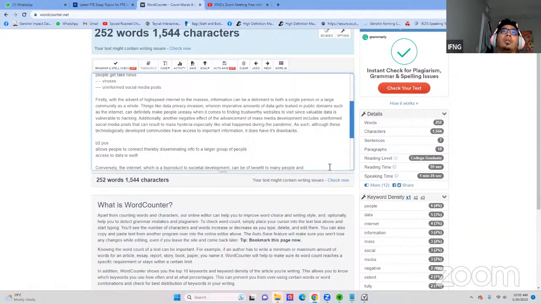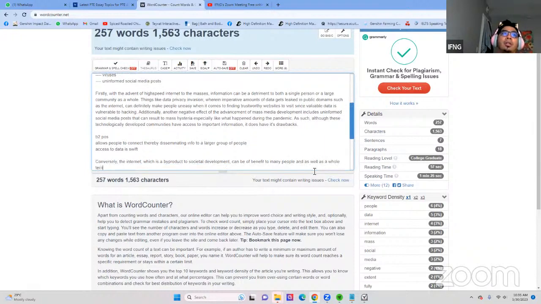It can benefit many people as well as a whole territory and its constituents.